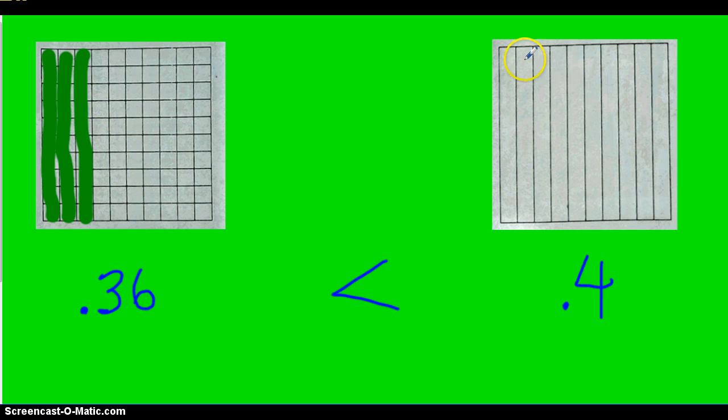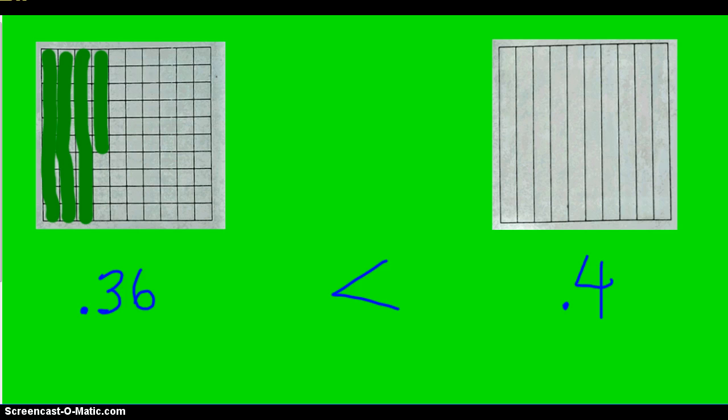Each one of these, remember, is a tenth. Every time I make 10 hundredths, I make a tenth. And then we would have 6 more hundredths. So 1, 2, 3, 4, 5, 6. So here is my amount, 36 hundredths, which is less than a half.